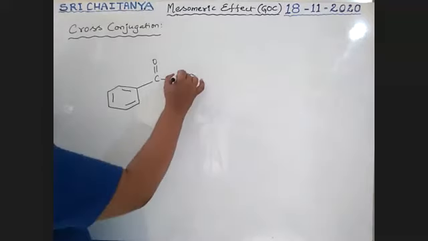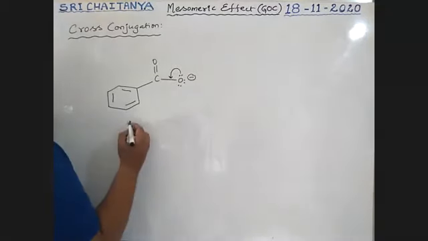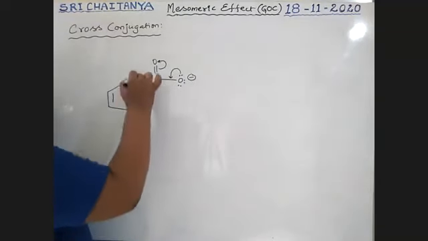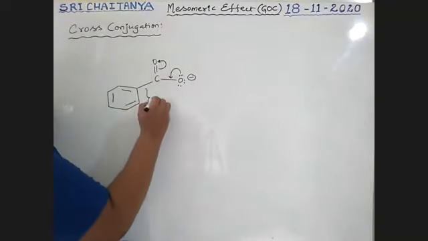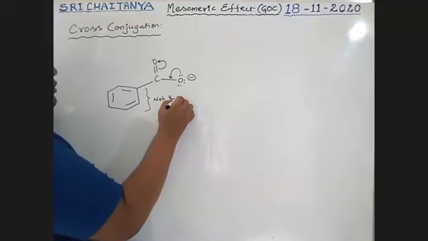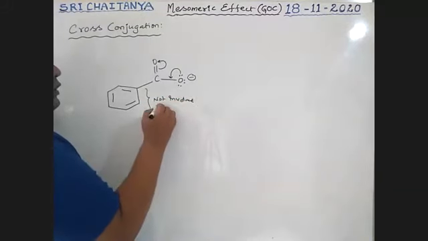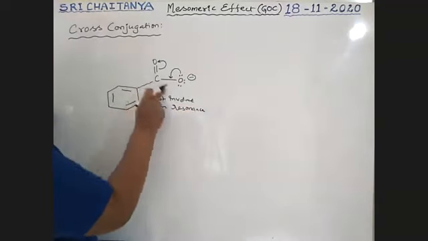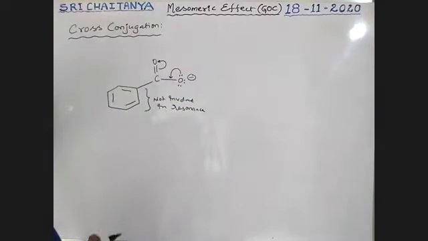If this lone pair is migrated here, then this benzene ring is not involved in resonance. Only these two are involved in resonance.